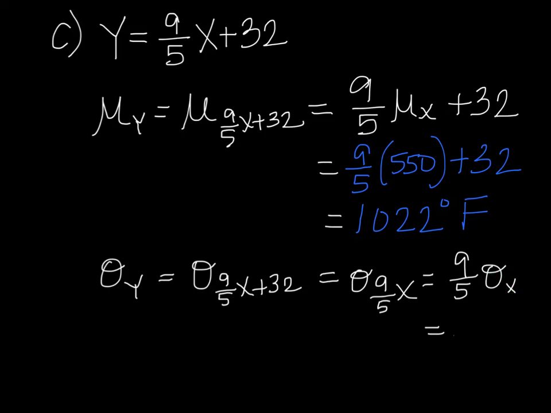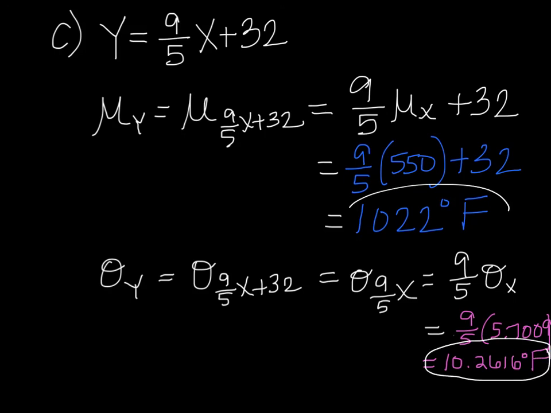So we'll take 9/5 times our original variability, multiply for our final answer of about 10 degrees. And there's our standard deviation, and there's our mean in terms of Fahrenheit.